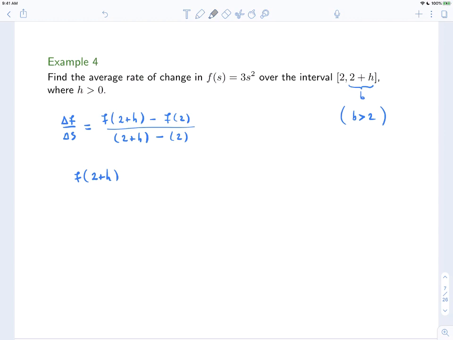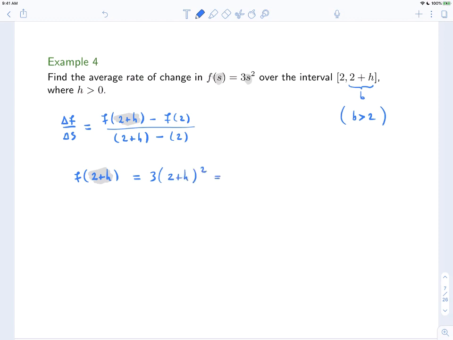So we do this in the way that we did before. Wherever there's an input, we replace s with that input. So in this case, s is 2 plus h. So we're going to replace s with 2 plus h any place that an s appears. So here's s. We're just replacing that with 2 plus h. So the only s is right here. So this is going to be 3 times 2 plus h quantity squared.